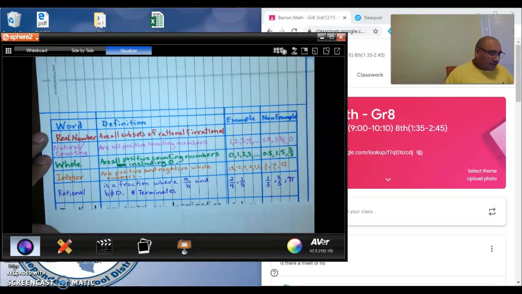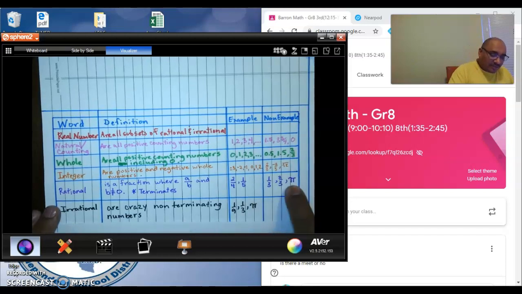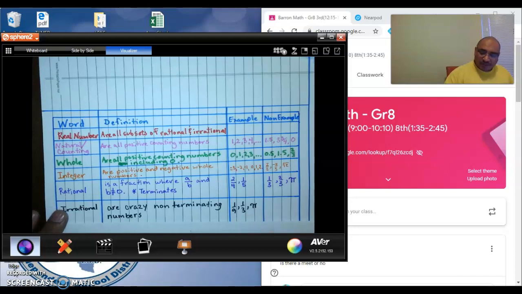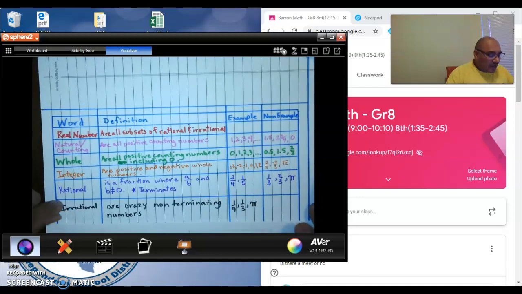Which brings us to our last vocabulary word. Irrational are the crazy numbers, the non-terminating ones. So these are actually the examples of the non-examples. So 1/9 is non-terminating, 1/3 is non-terminating, pi is non-terminating. A non-example would be all of these examples because they are not part of this same category.